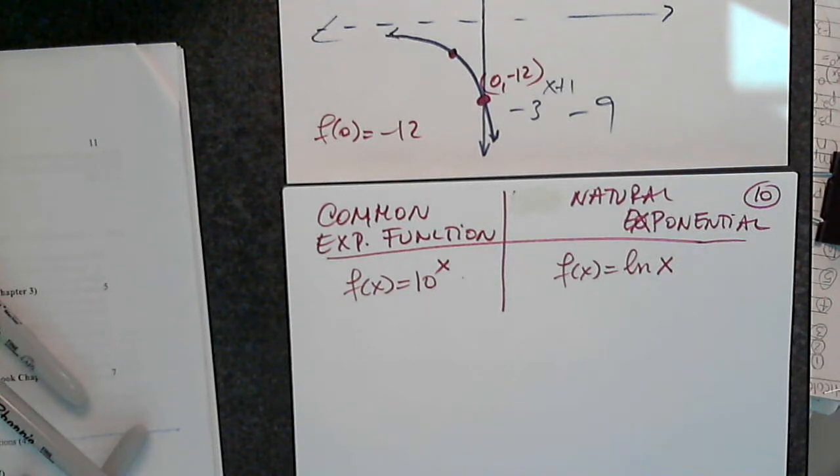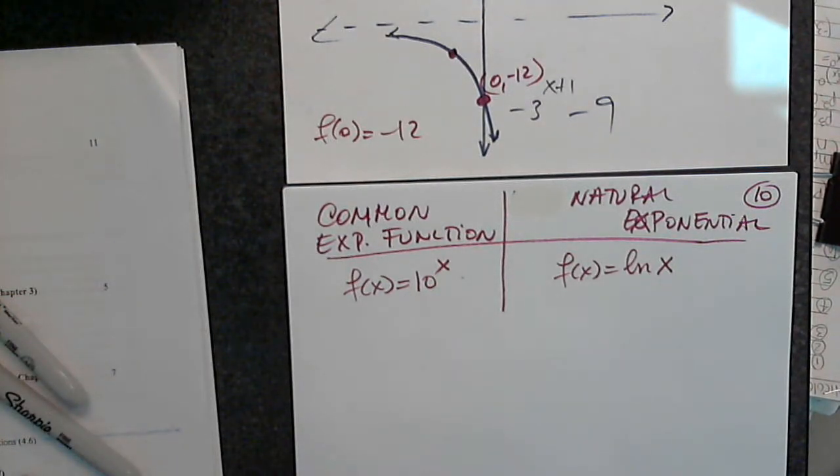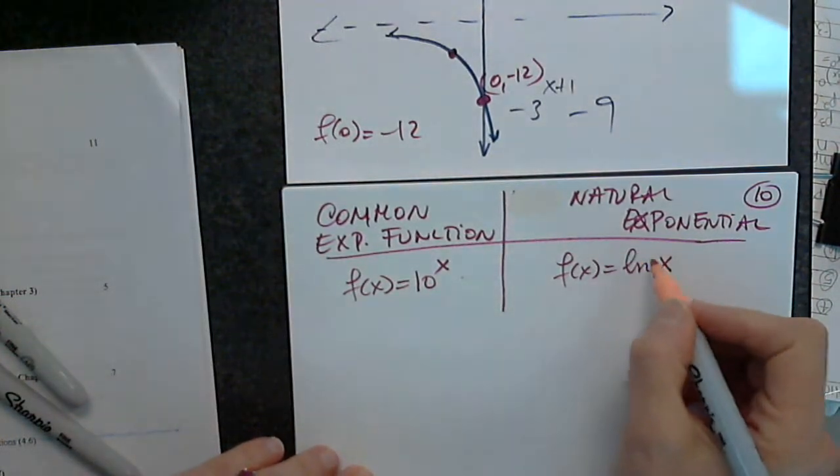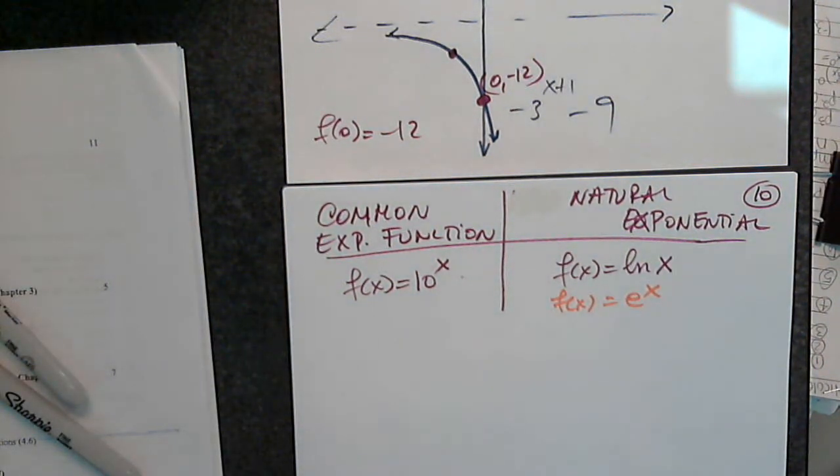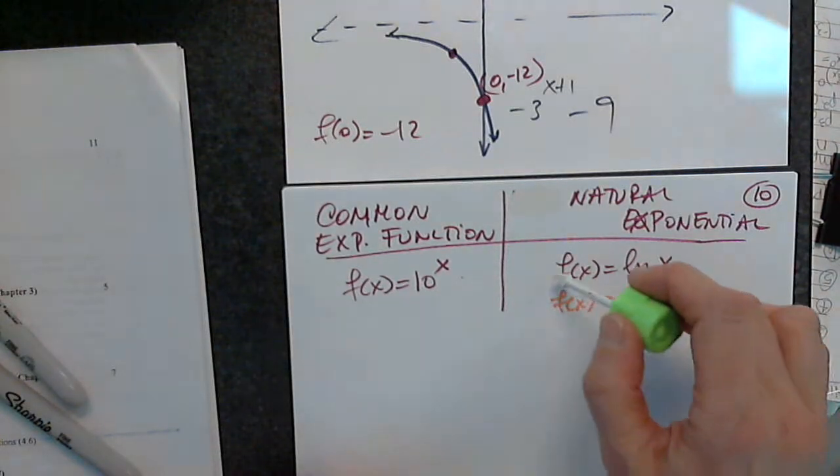And right underneath it, do you see e to the x? I'm sorry, I don't know why I'm already thinking of the logarithmic function. We haven't discussed logarithmic function yet. Keep me on track, please.